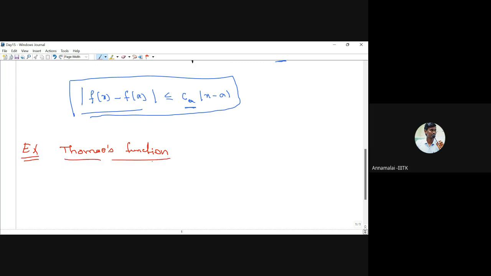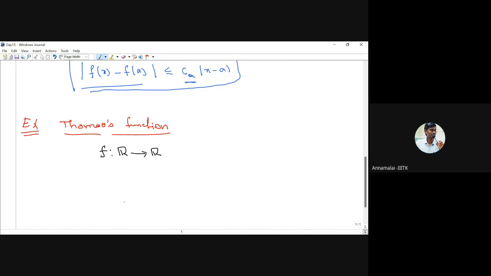The function is defined as f from R to R, defined to be f of x equal to 0 if x is irrational.